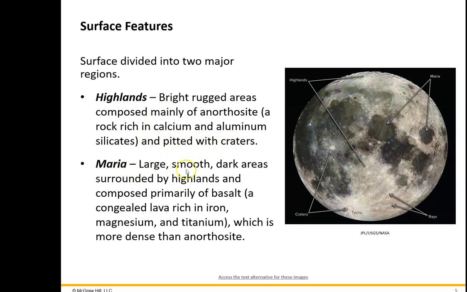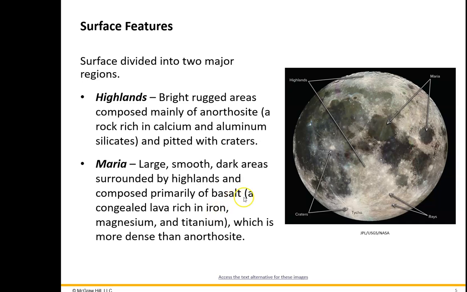But the maria are much smoother looking in appearance. In fact, that's what they thought, that these were oceans. They're made of what's called basalt, which is very common near volcanoes. It's basically lava that has cooled off and turned into a solid.